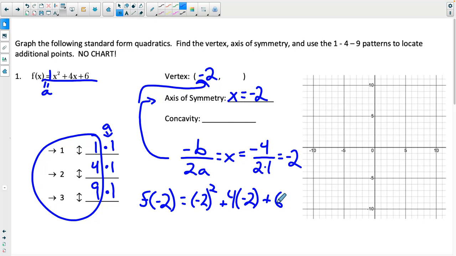What did we get? 2? Head shaking yes. So I would just go ahead and plot this point, -2, 2.